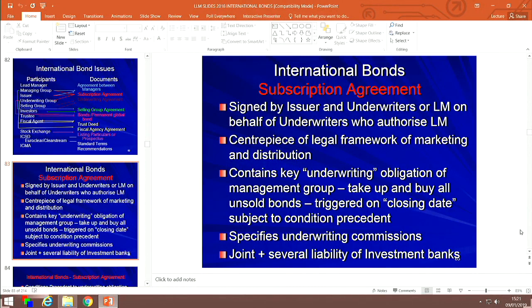No, it's all right. The subscription agreement will also specify the commissions to be paid to the underwriters.